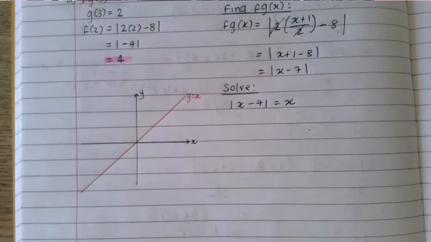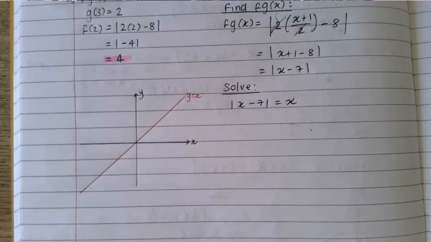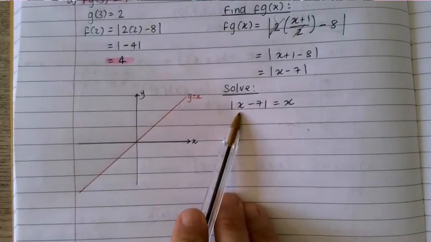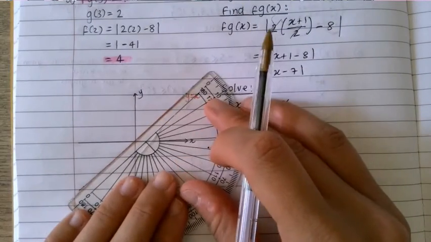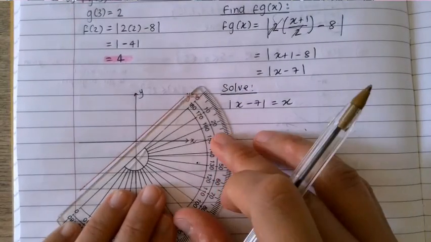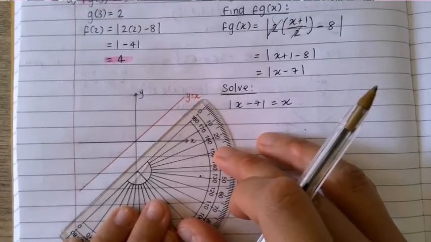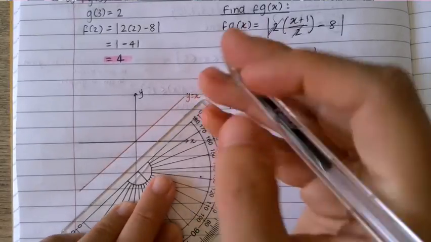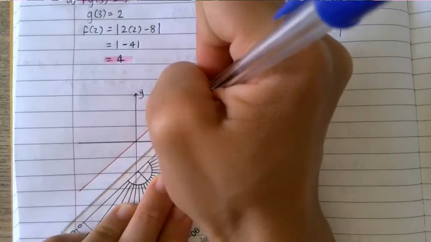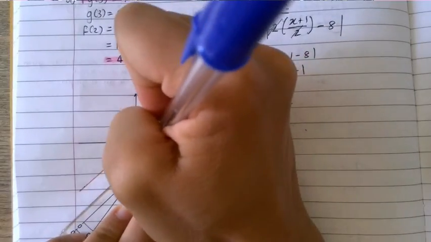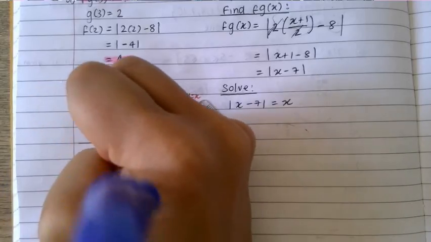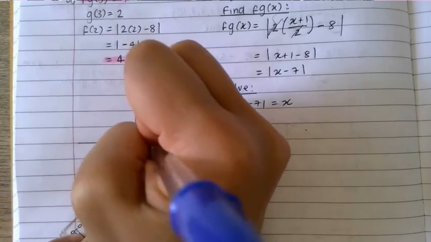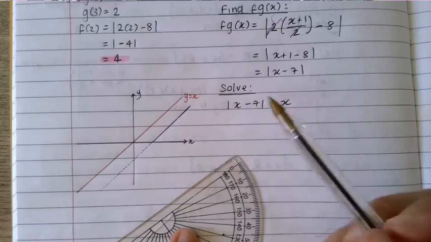And then I need to plot y equals the modulus of x minus 7. So that's going to have exactly the same gradient, isn't it? Both have a gradient of 1, but minus 7 means we're going to dip down here. And remember, as soon as we start to go into negatives, below the x-axis, I use a dotted line because that's actually not part of the modulus function.